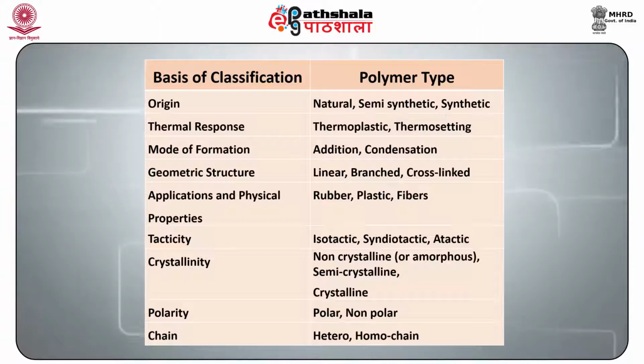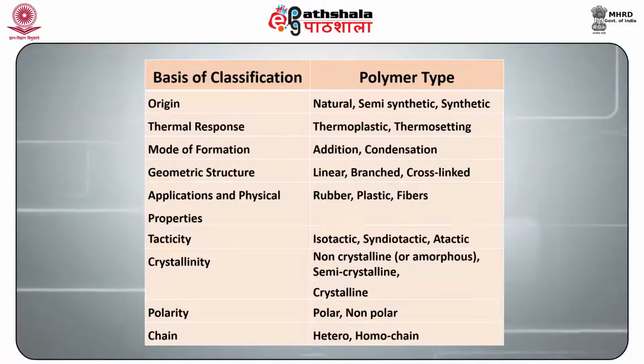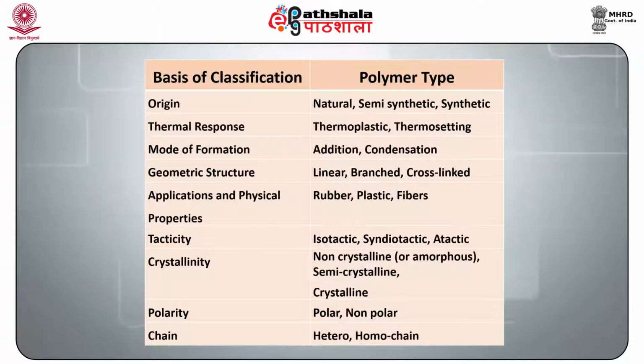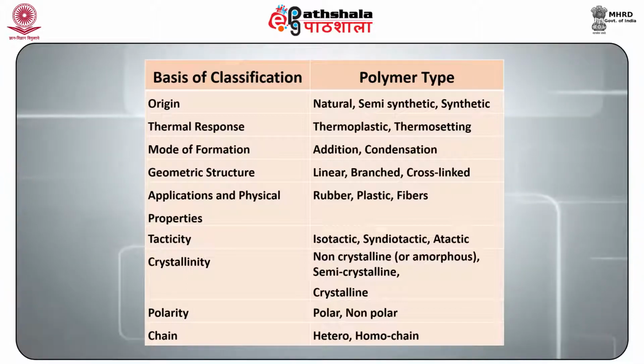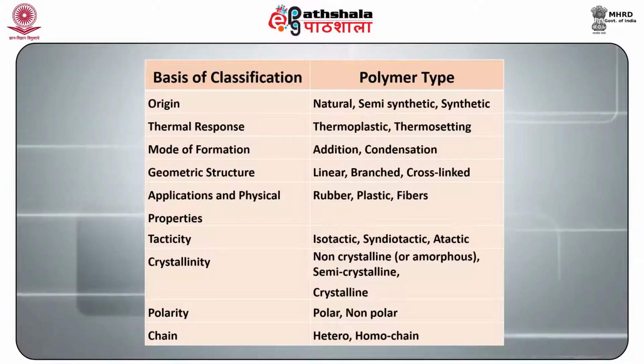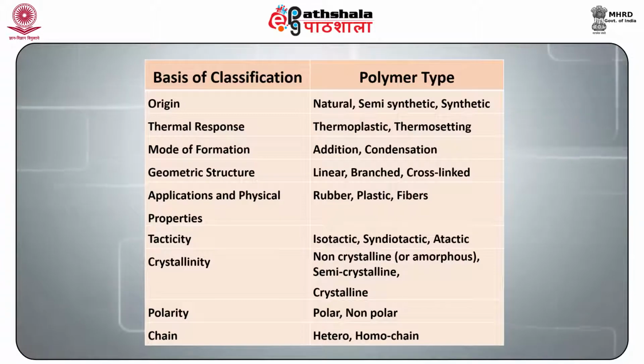On the basis of application and physical properties, we have rubbers, plastics and fibers. On the basis of tacticity, we have isotactic, syndiotactic and atactic polymers. On the basis of crystallinity, we have non-crystalline or amorphous, semi-crystalline and crystalline polymers.